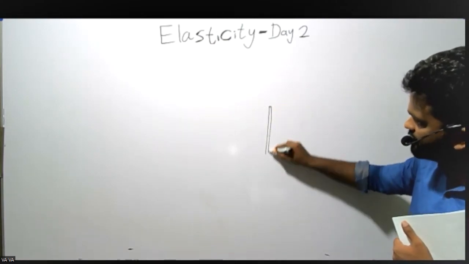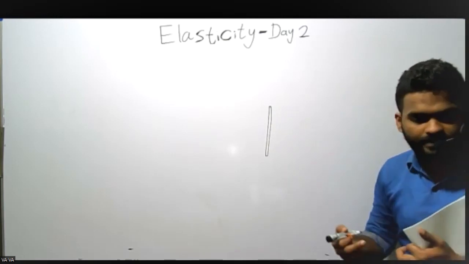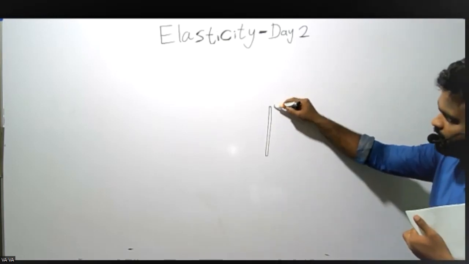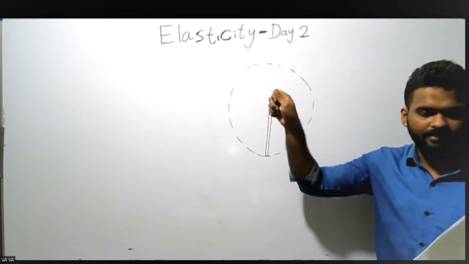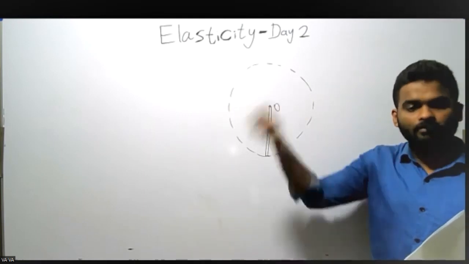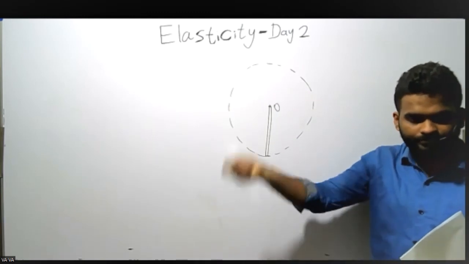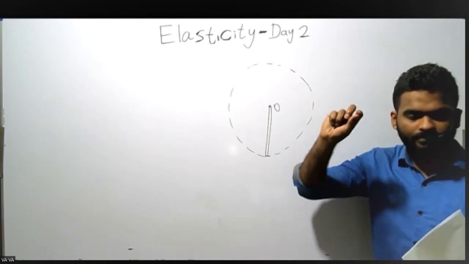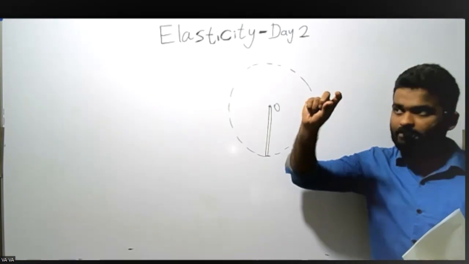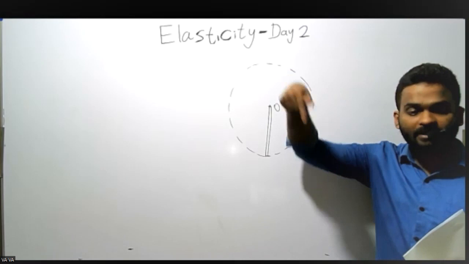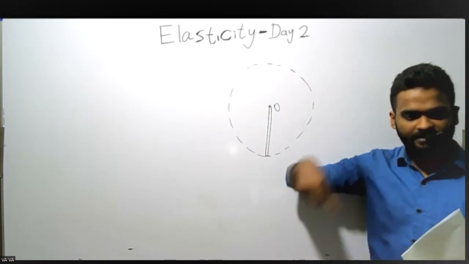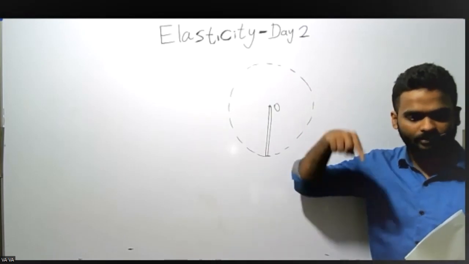Okay, that question is involved with circular motion, right? So you have a rod or it can be a wire, it doesn't matter. So we are rotating it in a vertical motion. You know that you need a centripetal force to have a circular motion, right?